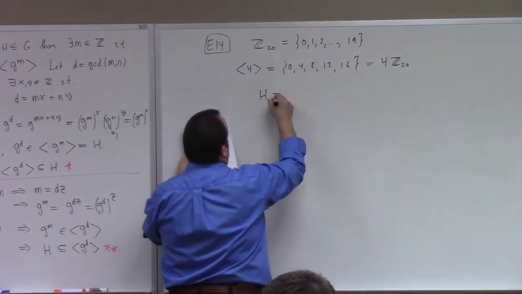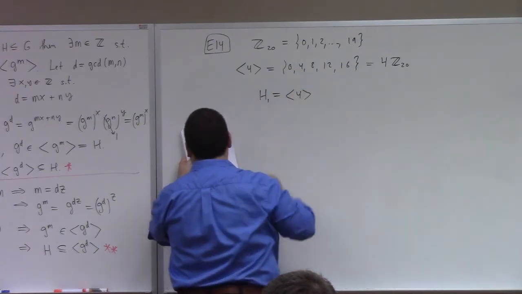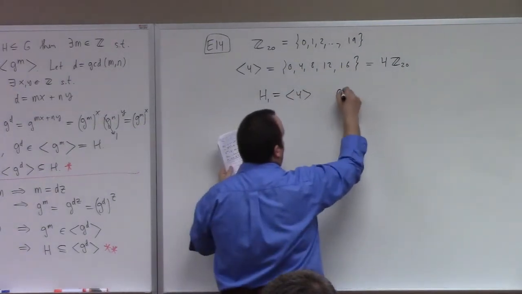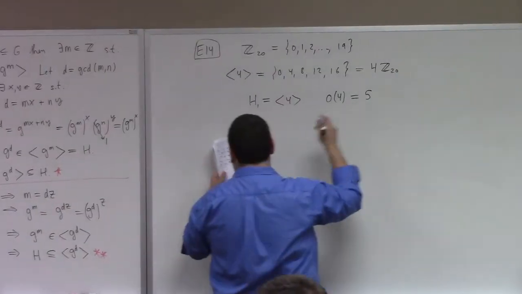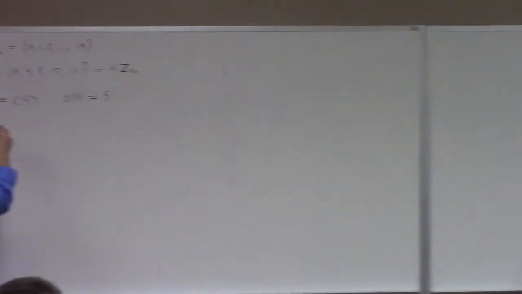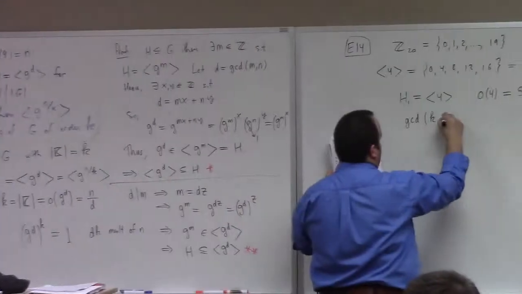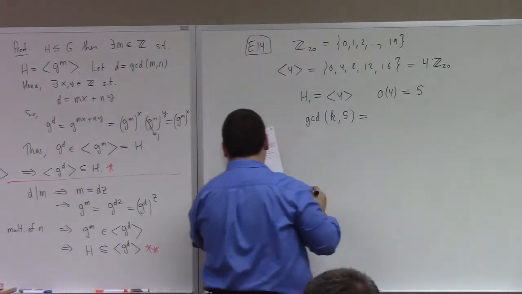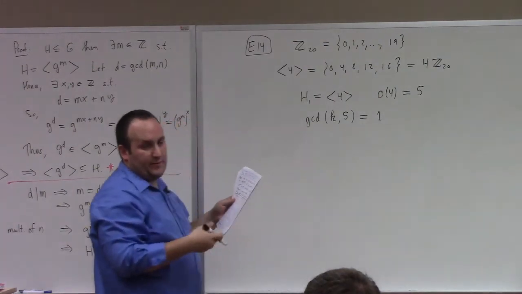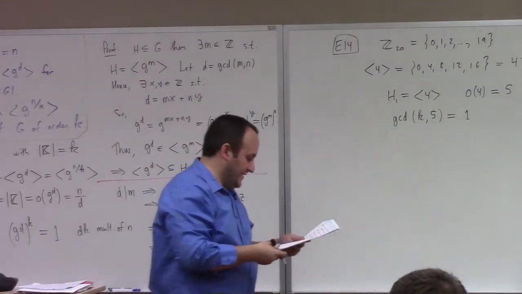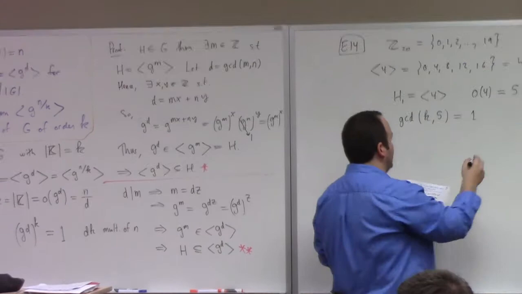H1 is the subgroup generated by 4, right? What's the order of 4? 5. Very good. Okay. So the greatest common divisor of k and 5 is what? Well, it's 1. That's what I want. It's going to be 1 if k is equal to what? I mean, what are the numbers relatively prime to 5, is what I'm asking in a rather circuitous way.